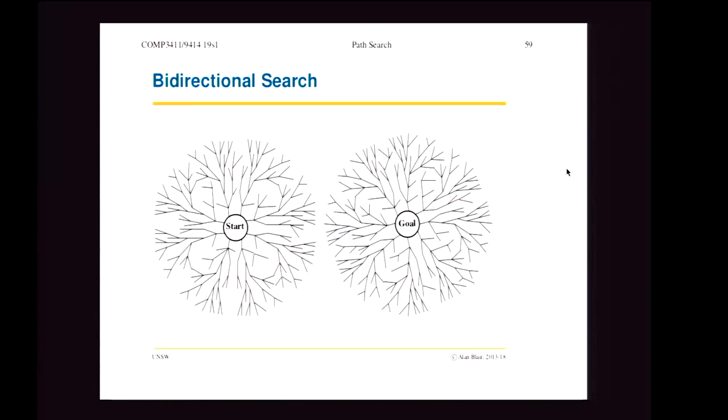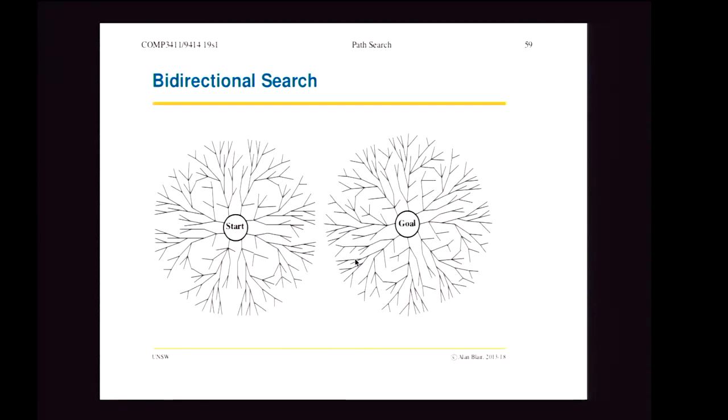So things involving physical simulations, if I'm playing pool or snooker and I hit a ball, I can use physical simulation to figure out what's going to happen when it hits the other balls or whatever, but it may not be possible to do that physical simulation in reverse. So there are some situations where you can't use this, but in cases where you can, it could save you a lot of time.